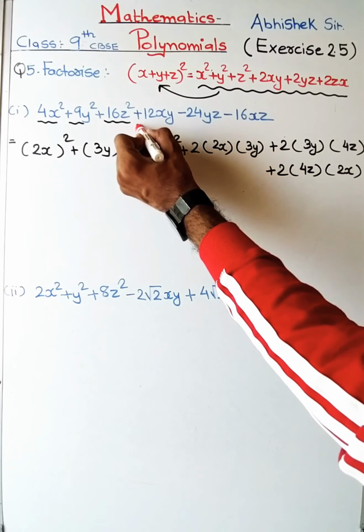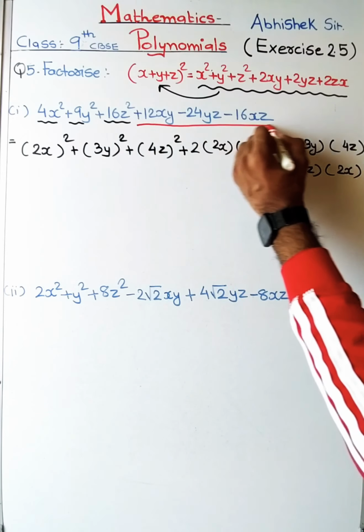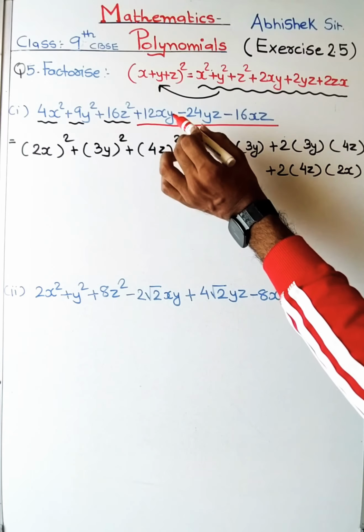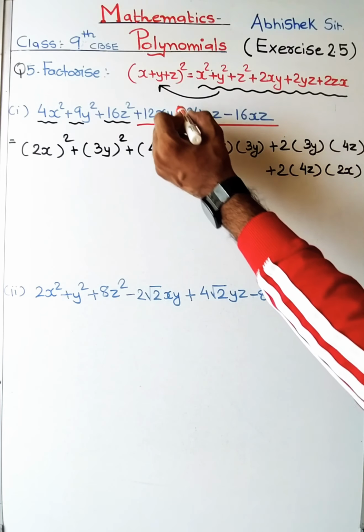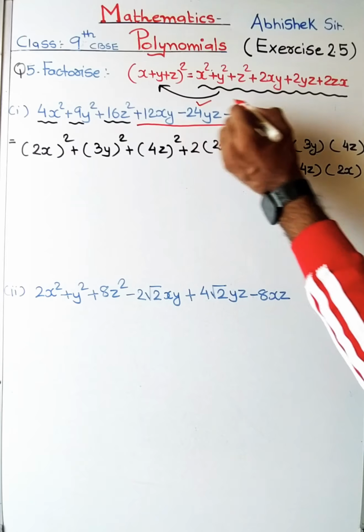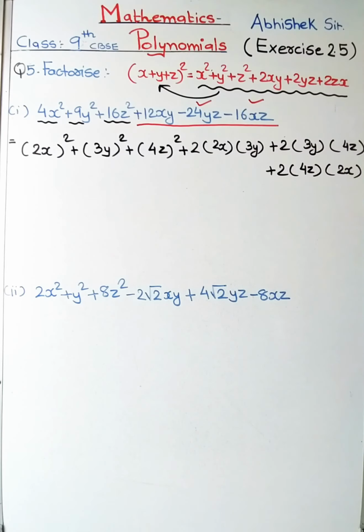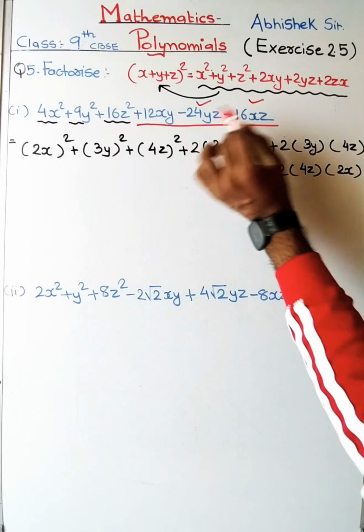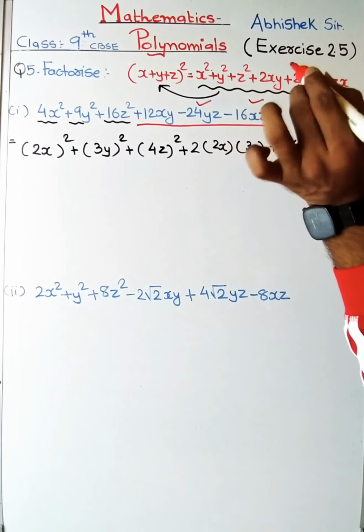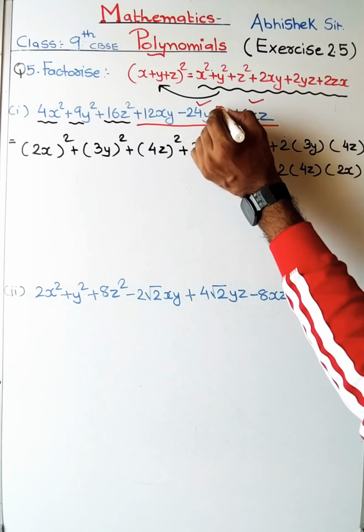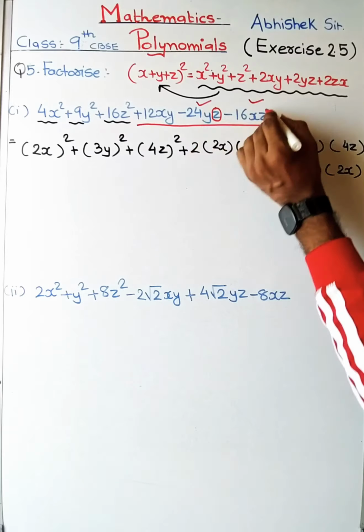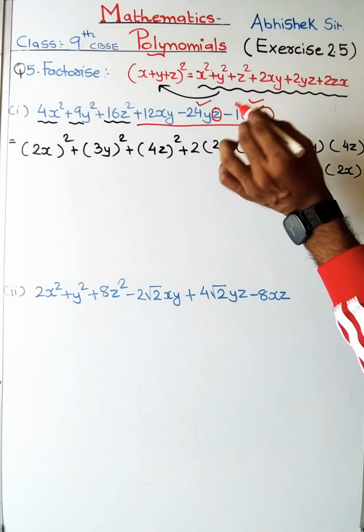In these three terms, you take notice of terms which are negative. So here we have this term negative, this term negative. Clear? Now in these two negative terms, which variable is common? Here you can see yz and xz. Which variable is common?